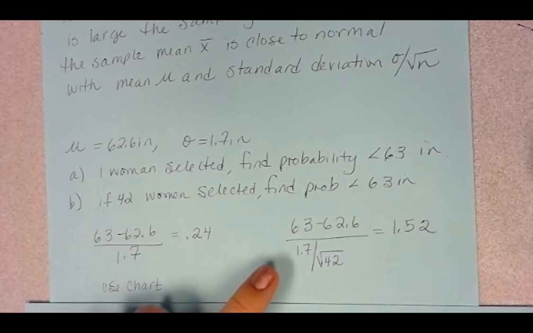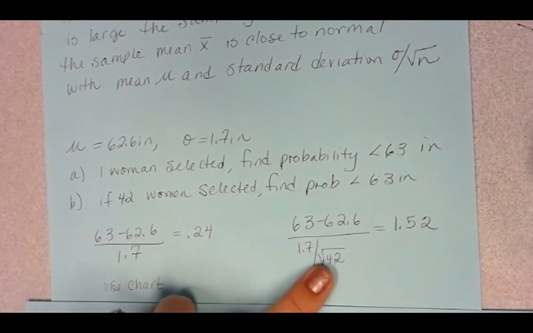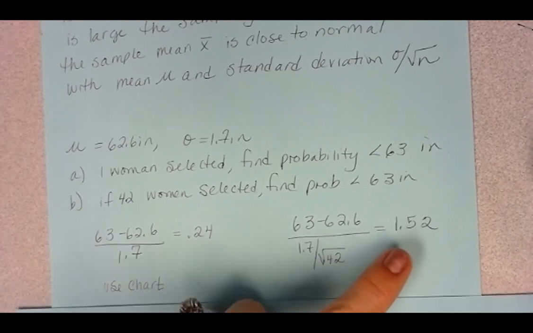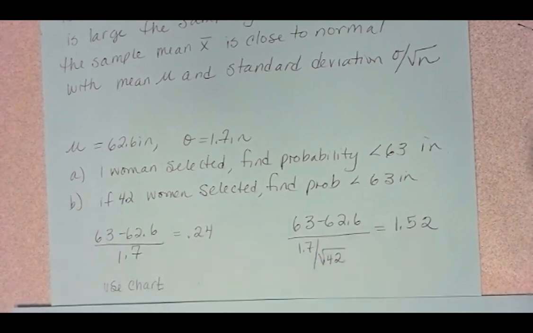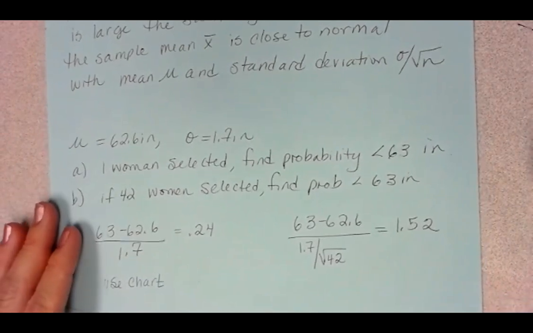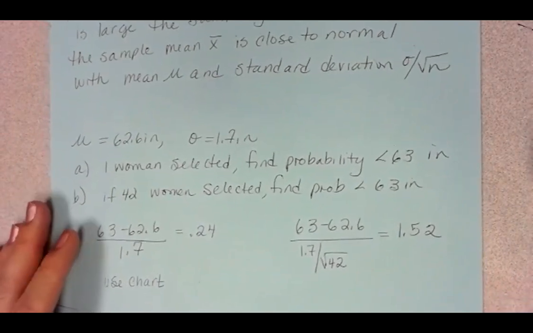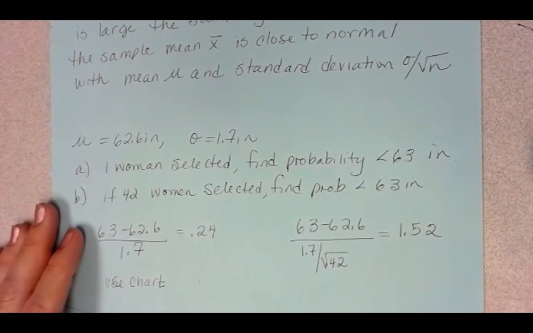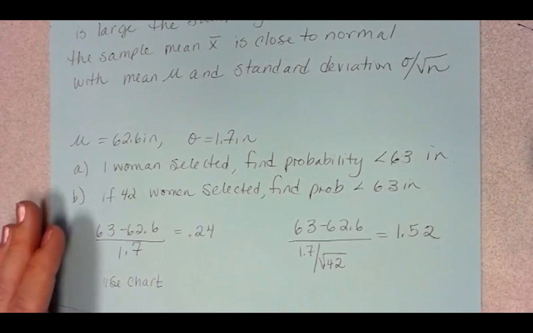Now, when we have 42 women, what we're going to do is divide by the square root of 42. And you can see that Z significantly changes. You're also going to notice for these particular questions that suddenly there's not a chart given. So I want to show you how you can find this probability on your graphing calculator.